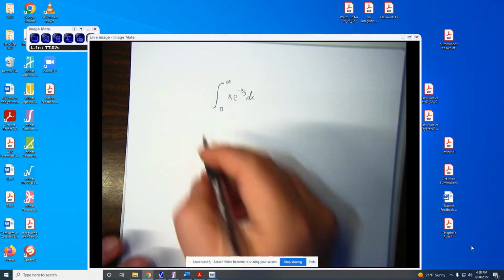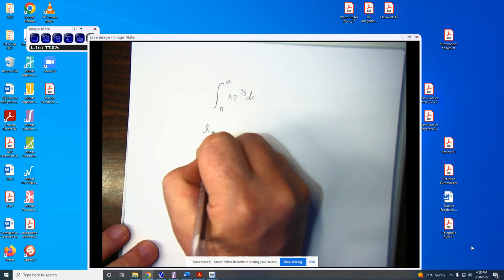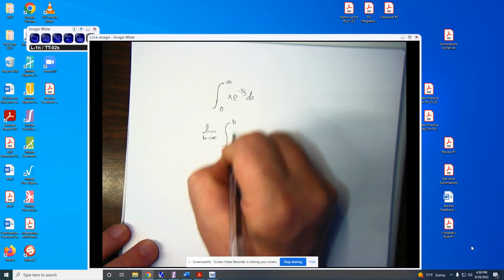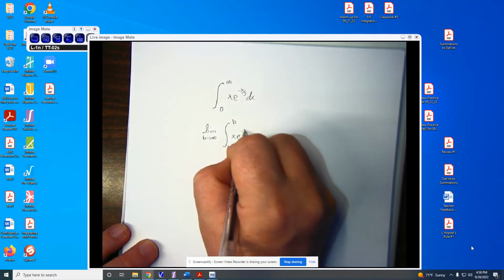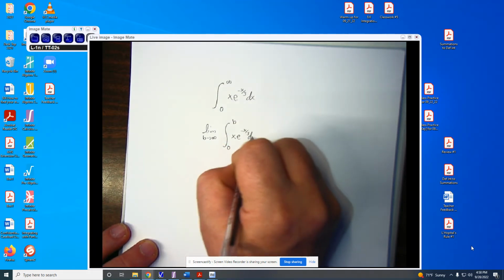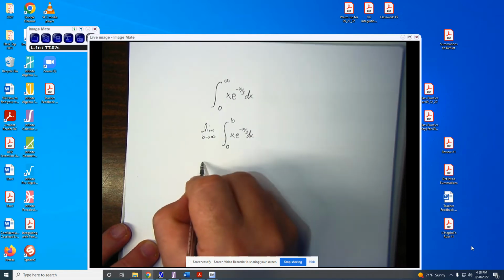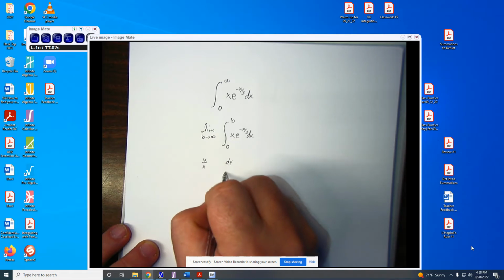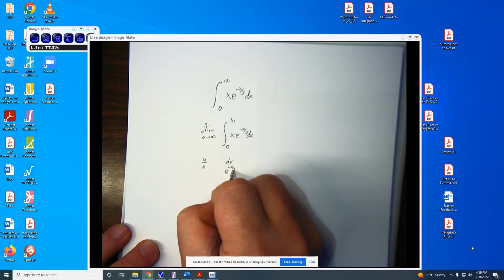So if I'm going to infinity, I immediately let the limit as b approaches infinity for 0 to b. Now we're going to have to use integration by parts with this. So I'm going to let my u equal x, and I'm going to let the dv equal e to the negative x over 3.